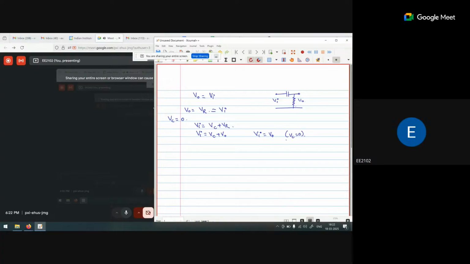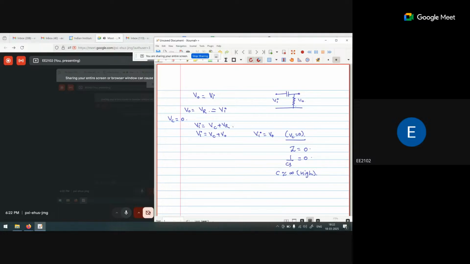Now if Vc is approximately 0, the voltage drop is approximately 0, so that means the impedance is 0. The impedance of the capacitance is 1 by Cs. That is approximately 0, so we can say C is approximately high or infinite.